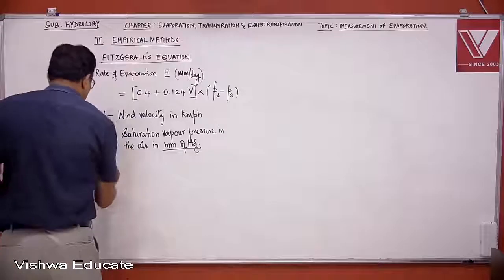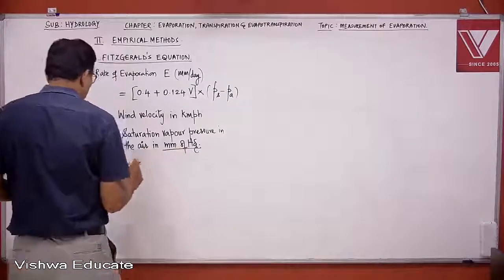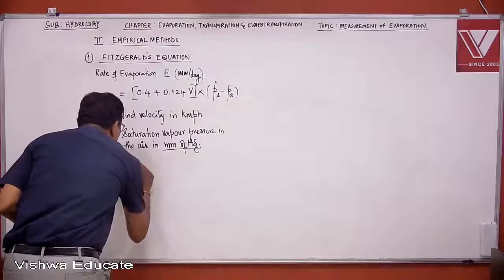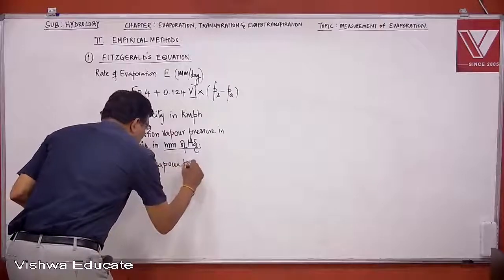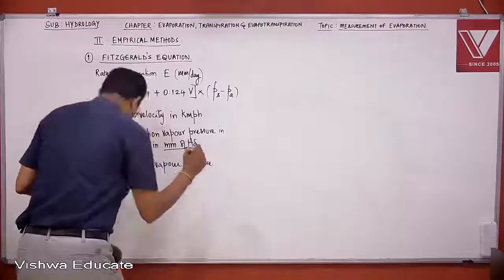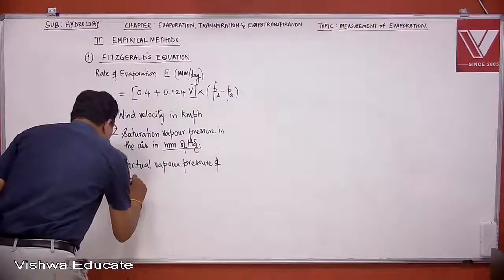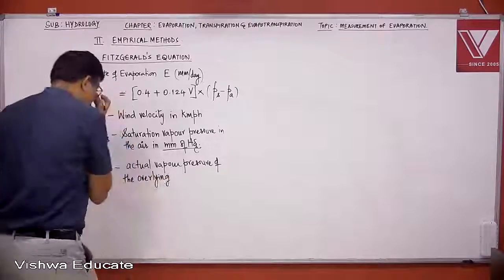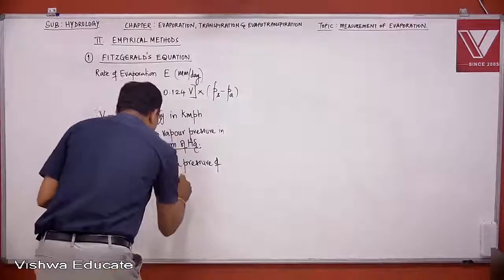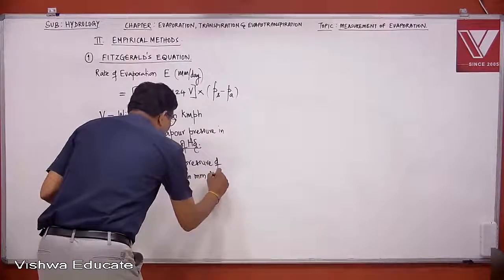Whereas this PA is the actual vapor pressure of the overlying air in millimeters of mercury.